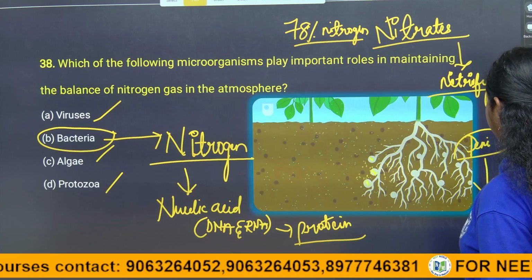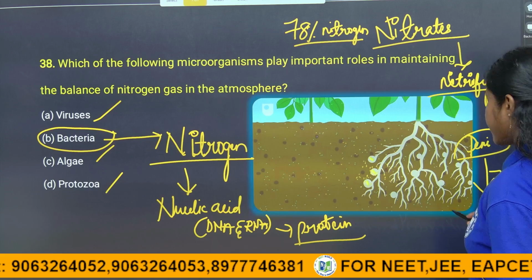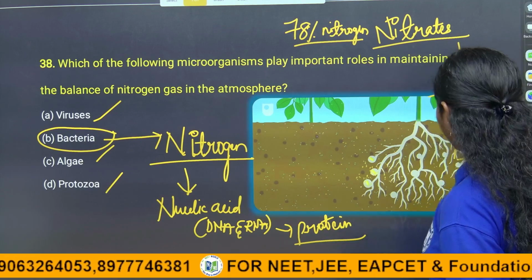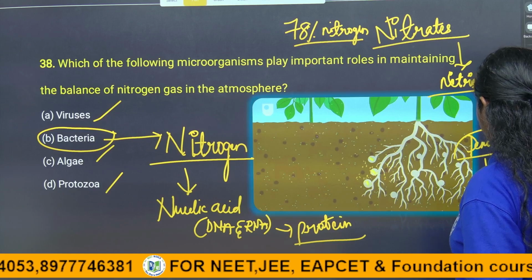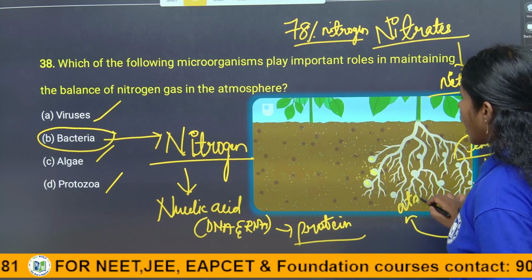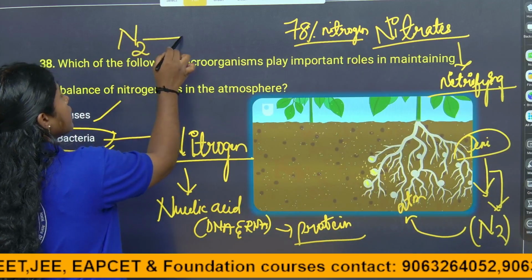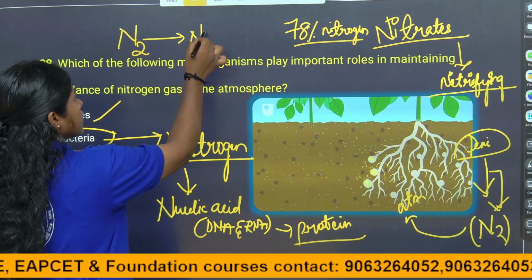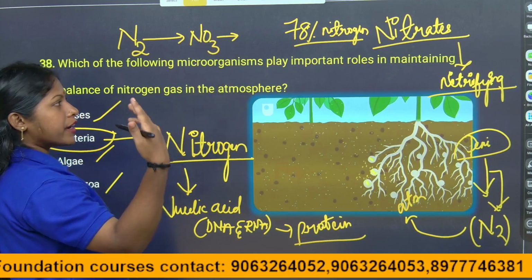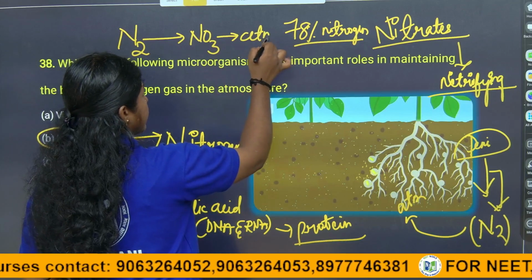By the process of denitrification, the denitrifying bacteria which help in converting the nitrates into nitrogen gas. Again it gets back into the atmosphere. After the fixation, the nitrogen is converted into nitrates, and again the nitrates get back into the atmosphere through denitrifying bacteria.